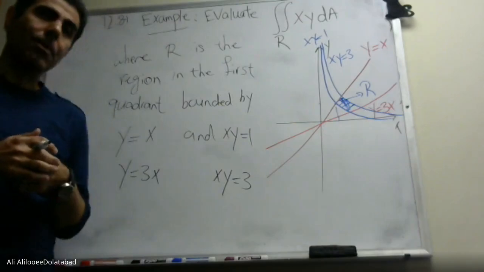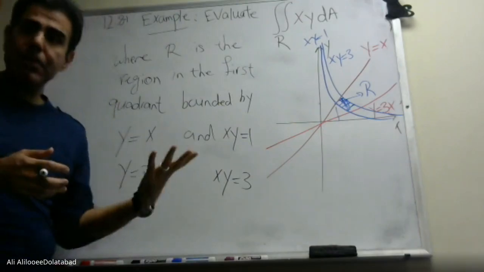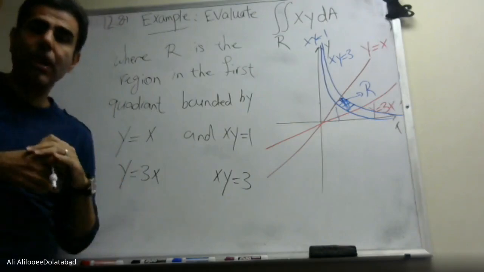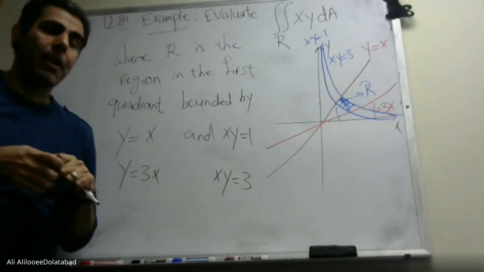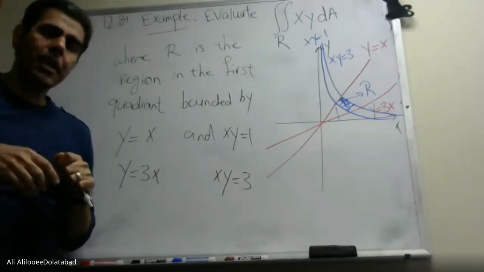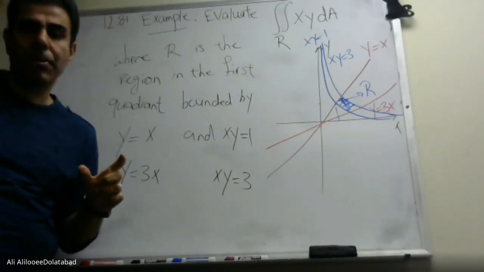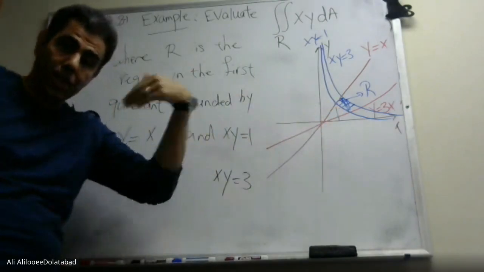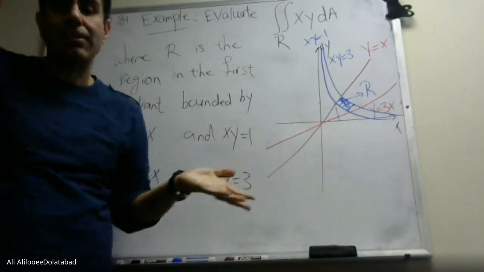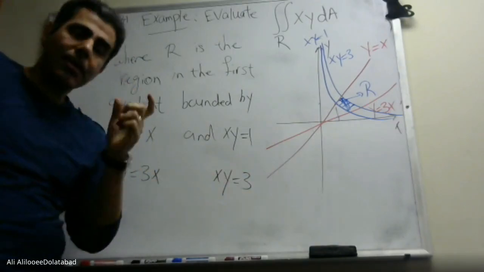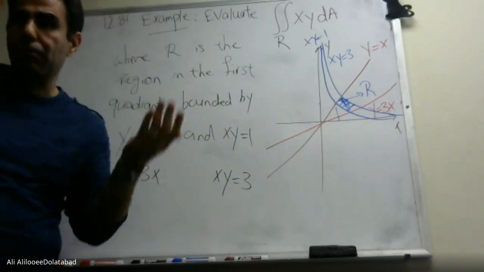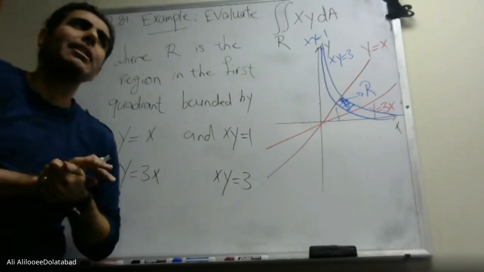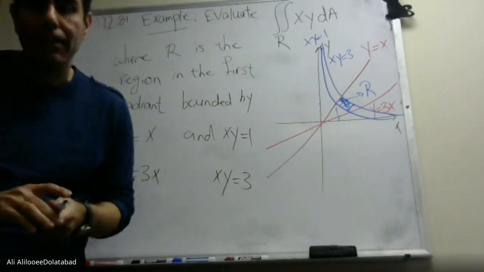Nice regions are, for example, circles. Ellipses are not nice. Circles are very nice. The nicest region that we have is a rectangle. If you have a transformation that can convert this region into a rectangle, it would be fantastic. Why? Because integrating on a rectangle is very easy. As all of you remember, before the break, when we started the concept of double integral, I started by integrating on a rectangle.